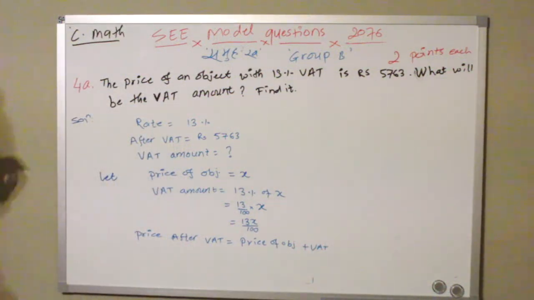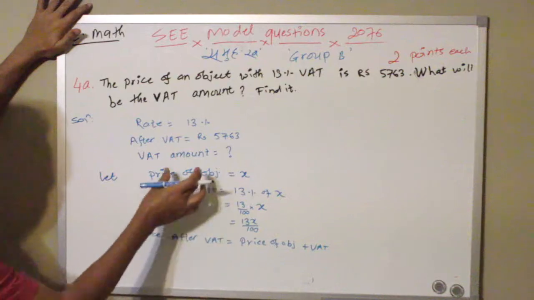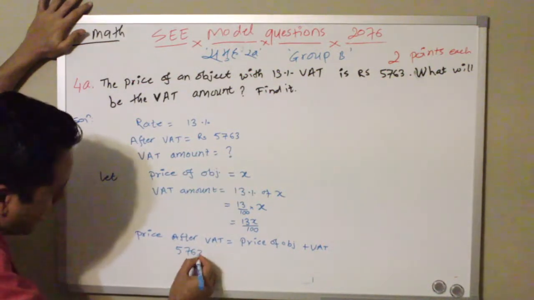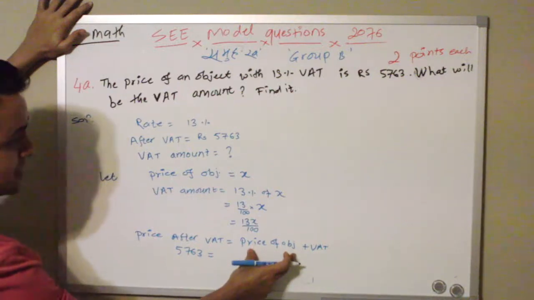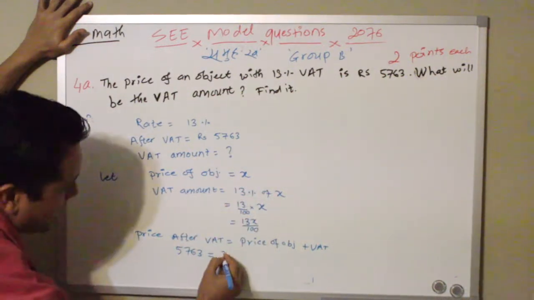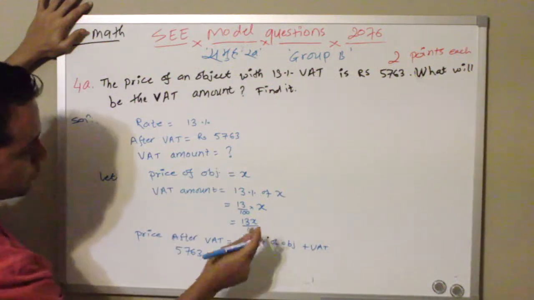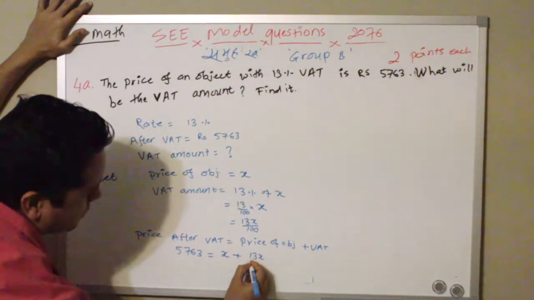VAT. So after VAT, I have 5,763 equals, I have the price of an object down here, which is X, plus I have the VAT amount, which is 13x over 100.